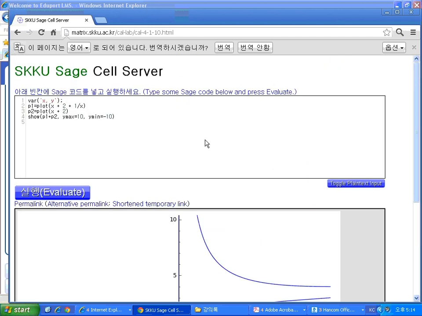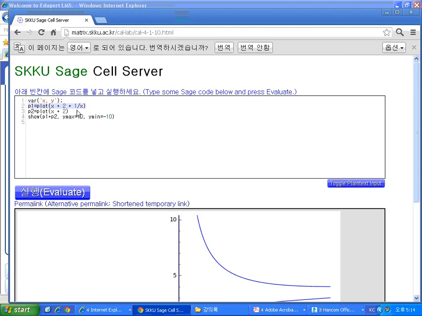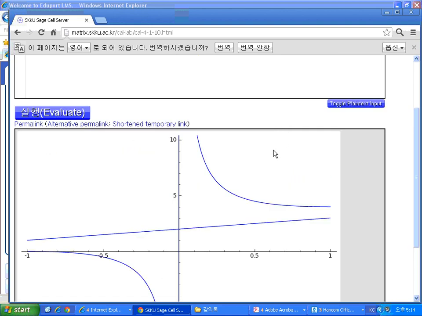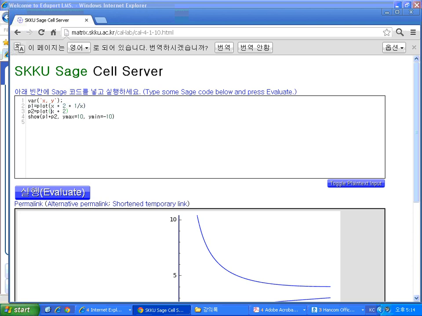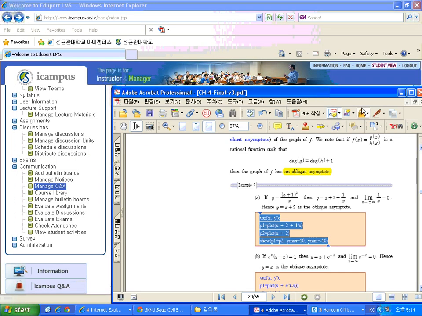Here, this P1 shows the graph of x plus 2 plus 1 over x, and as you see, as x goes to infinity, this value approaches a certain line, which is x plus 2. So you can easily see this x plus 2 works like an asymptotic line that we have seen.